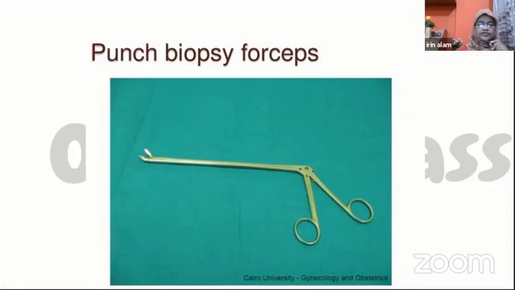After VIA examination, if VIA is positive, and under colposcopic guidance, from that site the biopsy is taken. It is sent for histopathology to diagnose whether carcinoma is present or not.